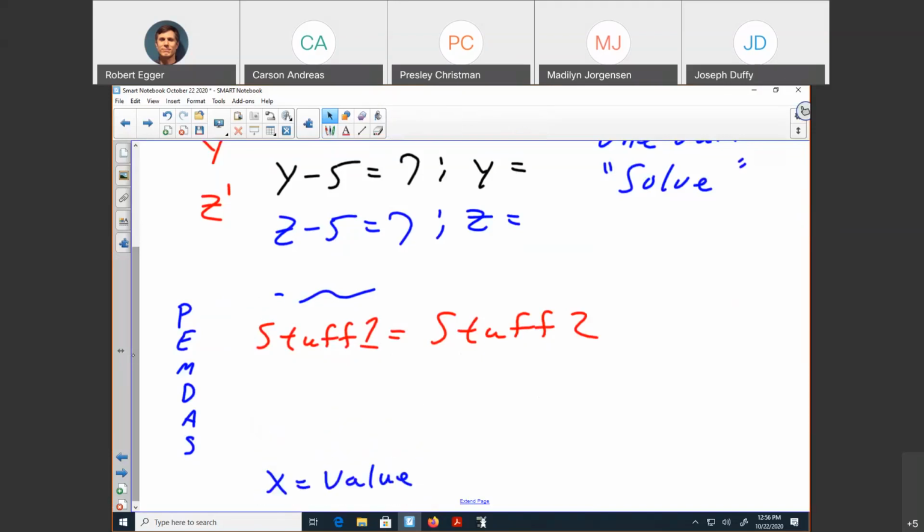So the goal, with a one variable linear term, is to get my stuff 1 on the left to be basically a variable with a coefficient plus a constant, ax plus b.